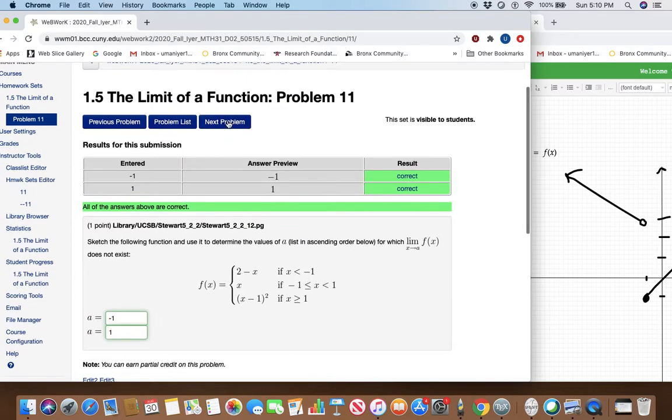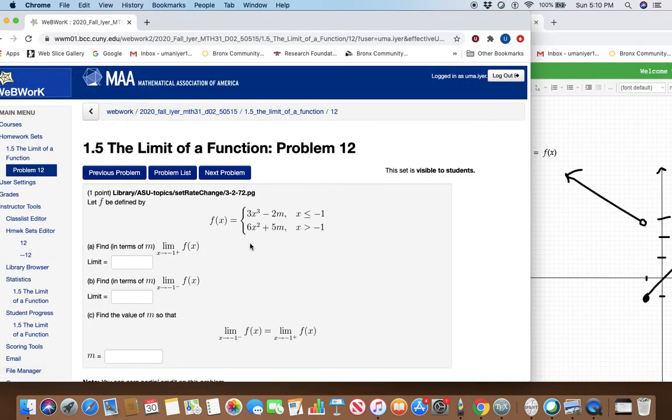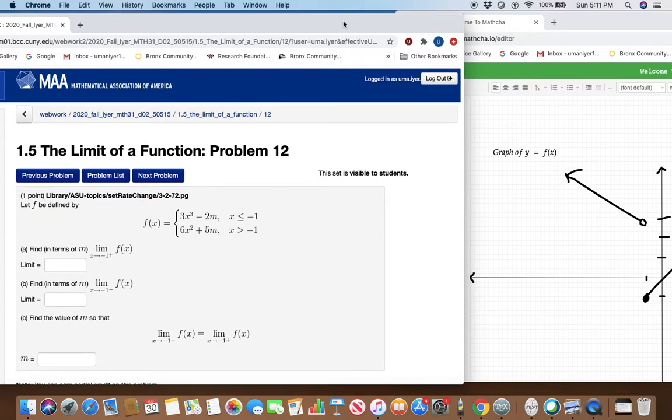Okay, next problem. Here is another piecewise defined function. 3x cubed minus 2m. Well, we don't know what m is, so it's kind of difficult to draw these, but we can still play with them even if we cannot draw them. One question is, what is the limit as x approaches -1 from the right? -1 is where the function is cut into pieces.